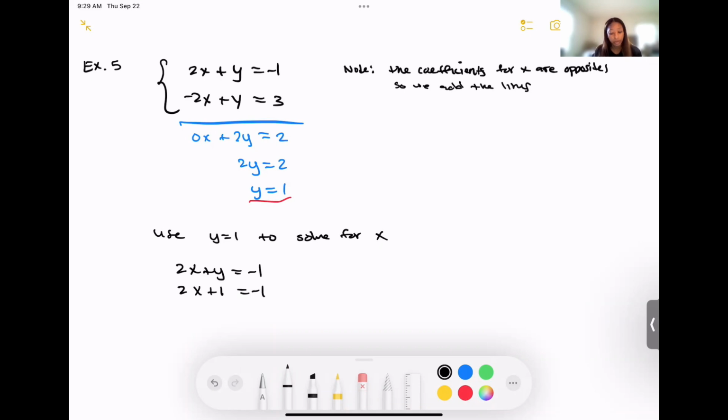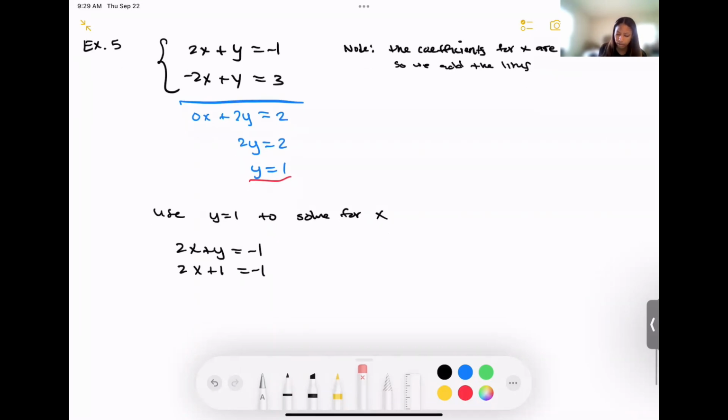And then we're able to now solve for y. I'm sorry, solve for x. 2x would be equal to -2, and x equals -1. So our solution, if we put these two things together, is the ordered pair (-1, 1).